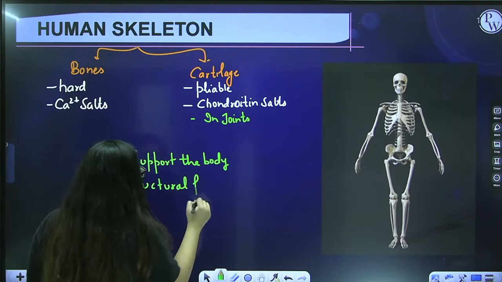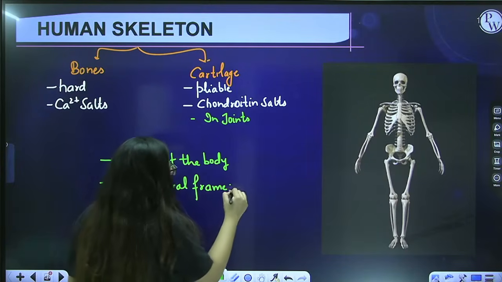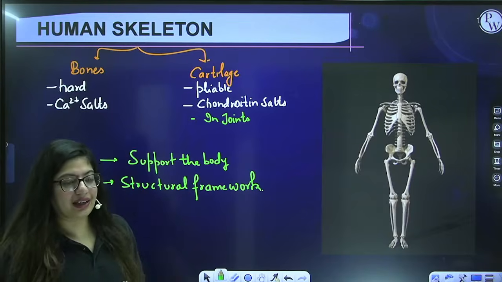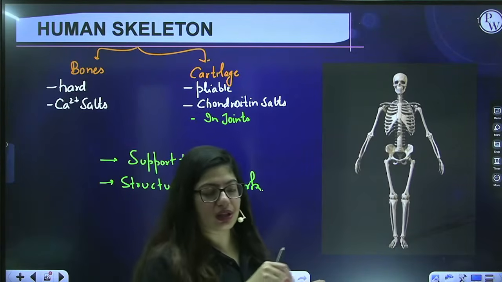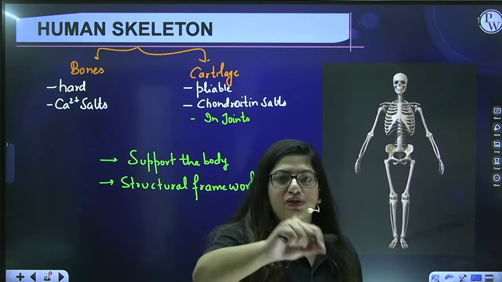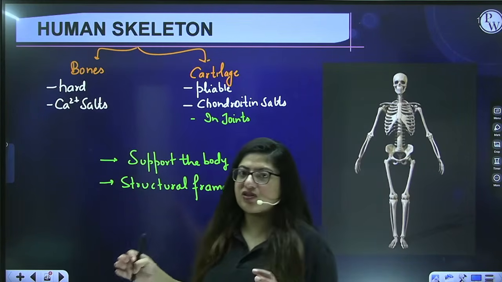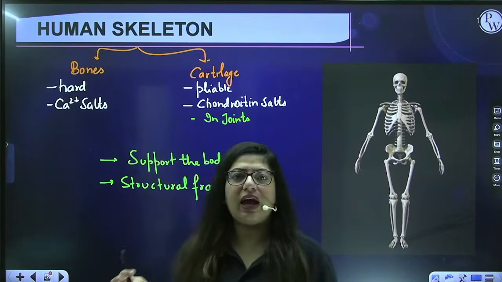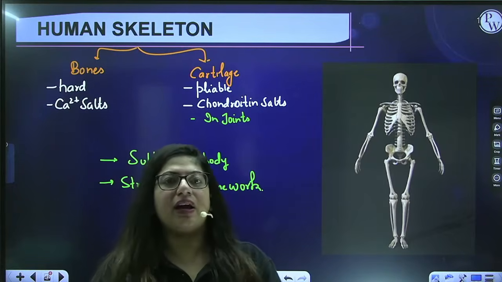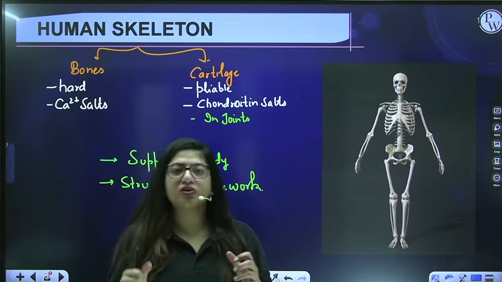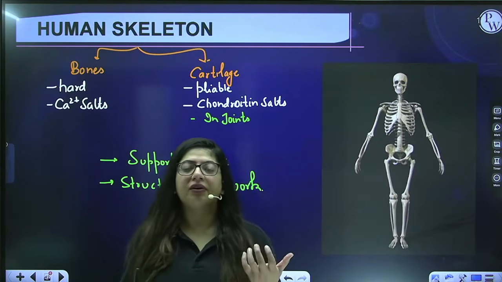Whenever a building is made, those iron rods are usually inserted in the building to make a structural framework, and then the bricks and cement are applied on that. That framework gives rigidity and strength to your building.